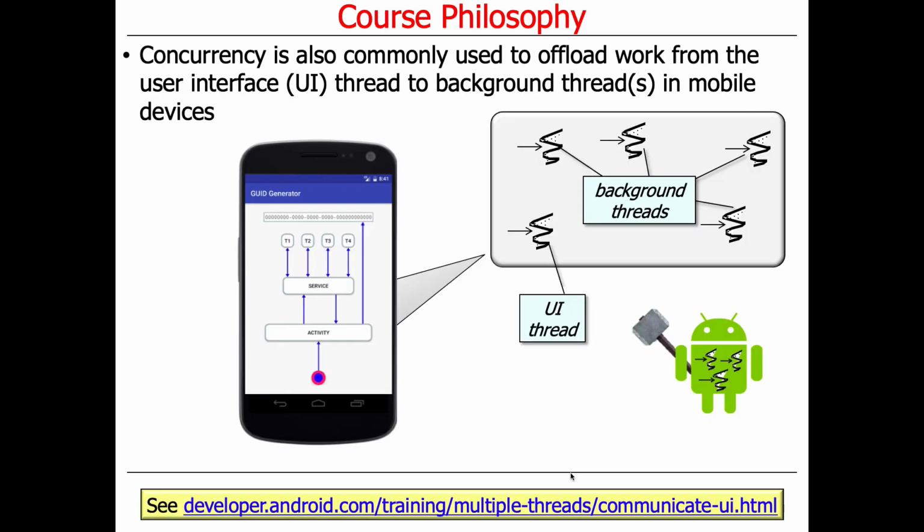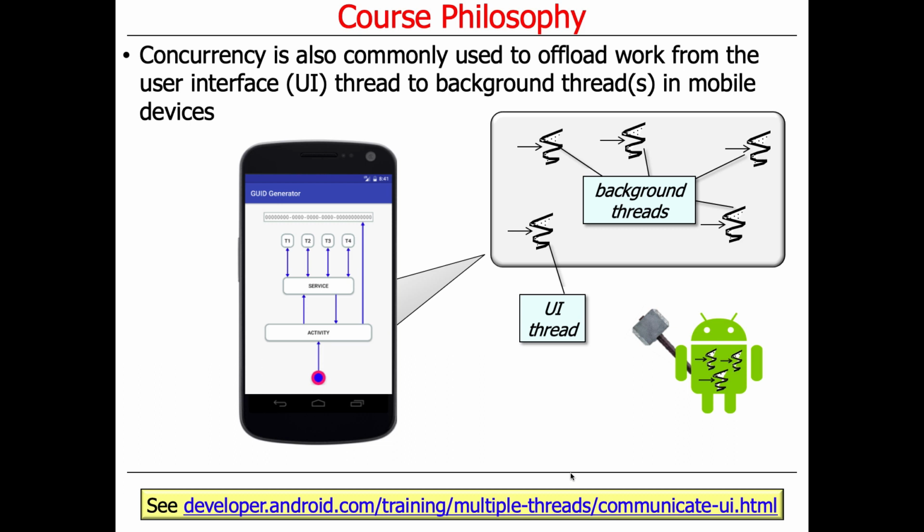The other motivation for the topics we'll be covering here is that mobile devices are typically designed to have a special thread, we'll talk more about threads shortly, called the user interface thread, and that's what interacts with the user, as the name implies. If you want to do long-running computations, download stuff from the web, or do some kind of time-consuming processing, you do it in one or more background threads.